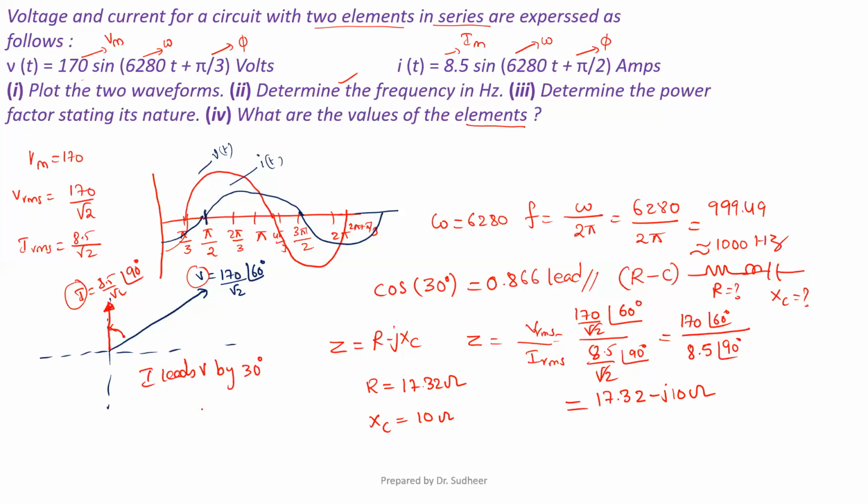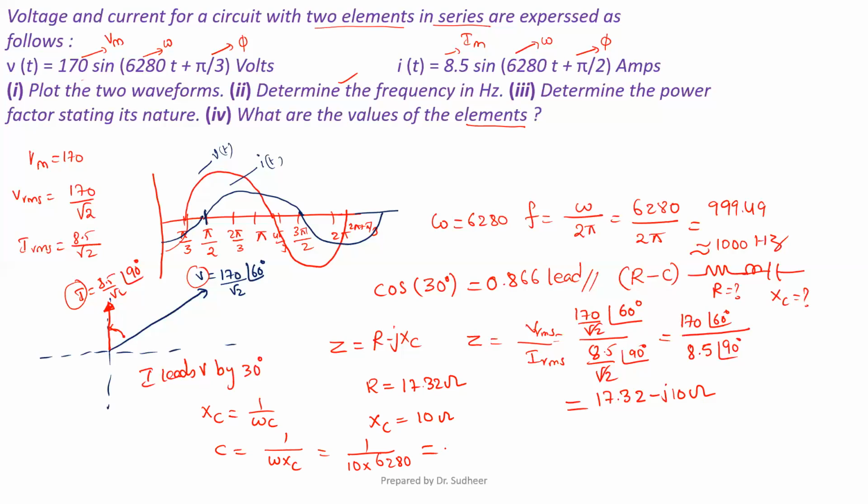Okay, C value. See, XC is 1 by omega C. From that, C is equal to 1 by omega into XC. That is 1 by 10 into, what is omega? 6280.